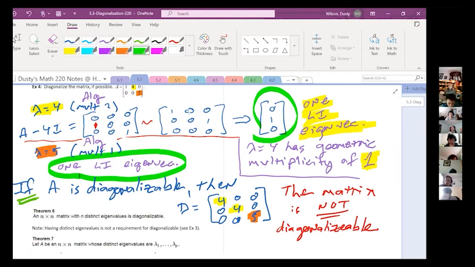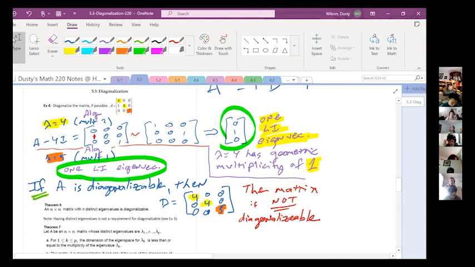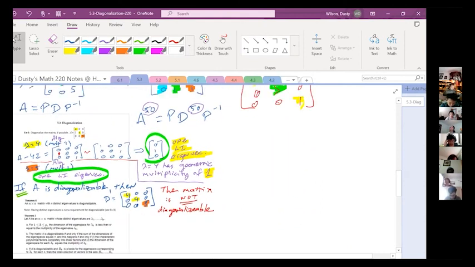Okay, let me go back to Gerald's question from a little bit before, in terms of the algebraic versus the geometric multiplicity. Let me see if I can backtrack. If we look at this original matrix here, what is the characteristic polynomial?